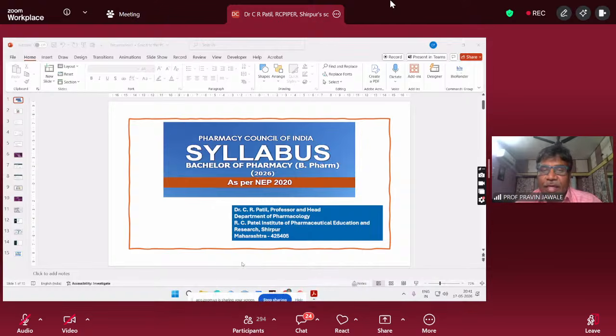He has received the Young Scientist Award and developed innovative virtual pharmacology tools, earning international recognition for promoting alternatives to animal experimentation. So I think all of you are aware of Dr. C.R. Patil for this very important tool in pharmacology for experimentation purposes.